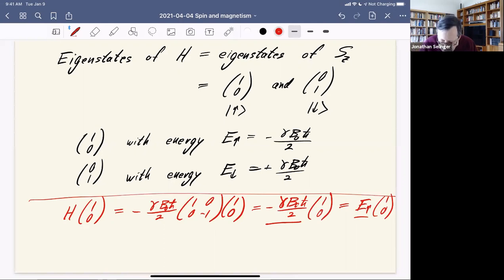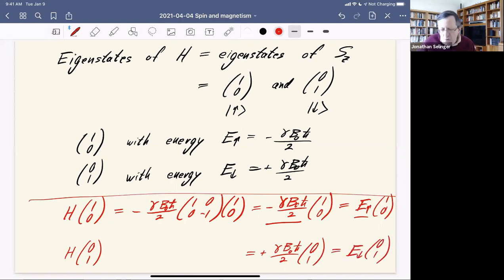Likewise, H acting on 0, 1, through the same argument, is equal to positive gamma B naught h bar over 2 times 0, 1, which is E down times 0, 1. So now we know the two eigenstates of the Hamiltonian.